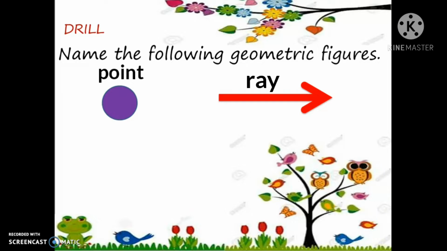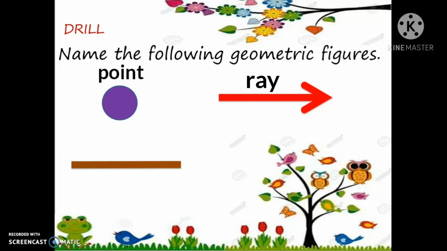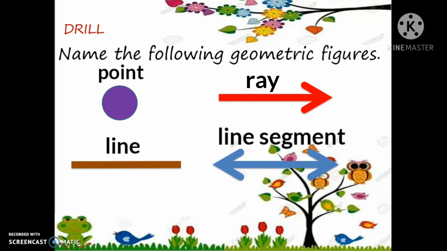The answer is a ray. How about the third geometric figure? Correct. That is a line. How about the last geometric figure? Correct. That is a line segment.